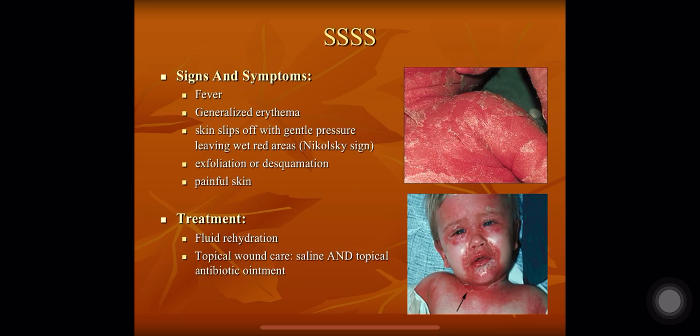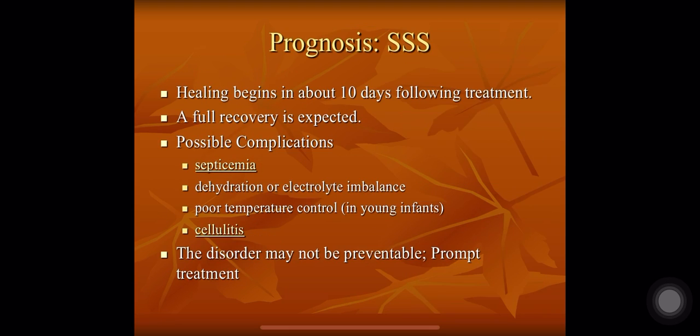In small children, it can lead to this kind of picture where there is generalized erythema, fever, and skin slipping off with gentle pressure, that is Nikolsky sign, exfoliation or desquamation of skin, and it is a painful condition. Treatment is fluid rehydration and topical wound care, and it is a self-limiting condition in which a full recovery is expected. Possible complications can be septicemia and cellulitis.